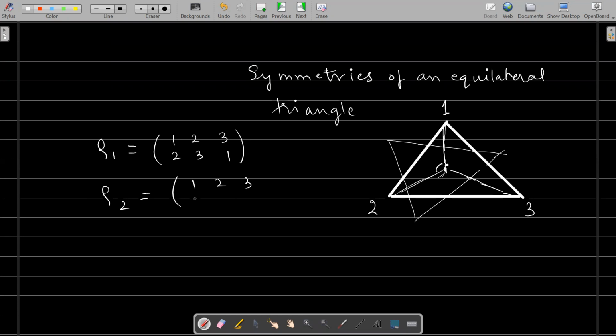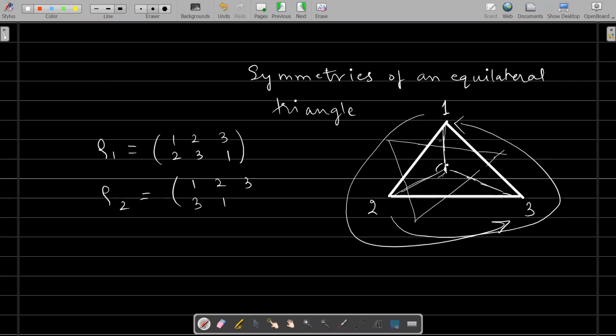So 1 will go to 3, right? 2 will go to 1, and 3 will go to 2. Is that clear?